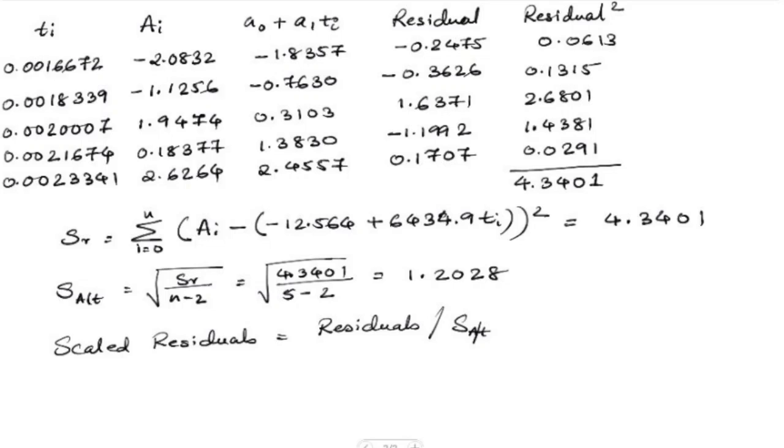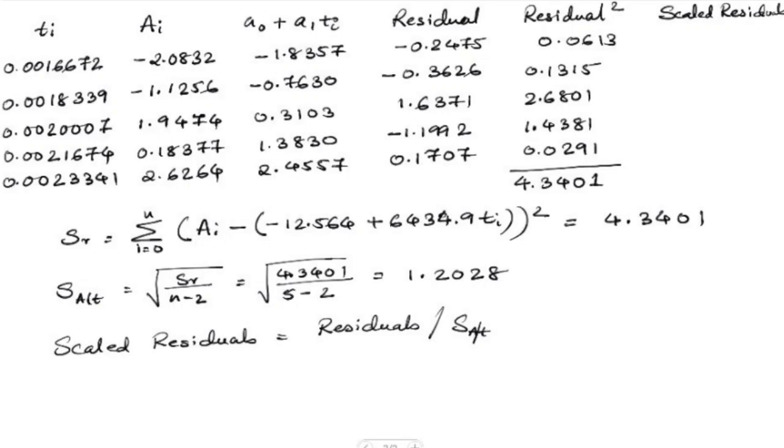Okay, now if I write that here, the scaled residuals, so the values are, we take the residual number, which is minus 0.2475, and divide it by this new number that we got for the standard error, which is 1.2028.